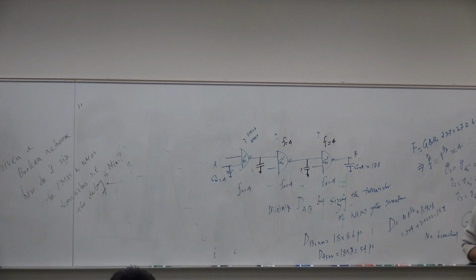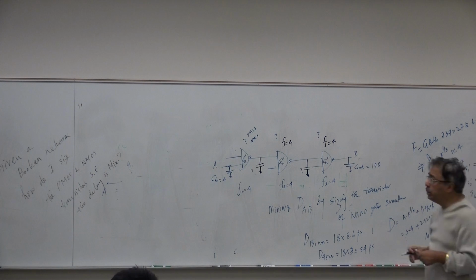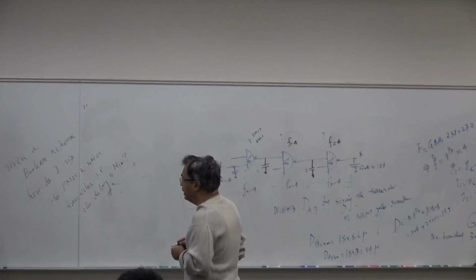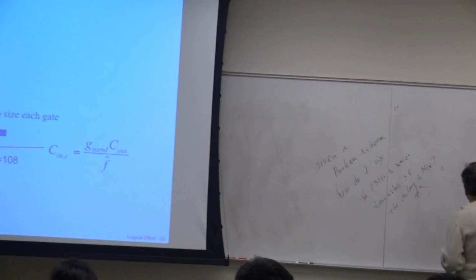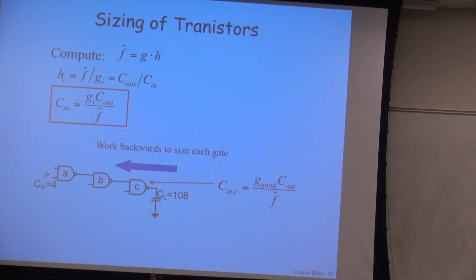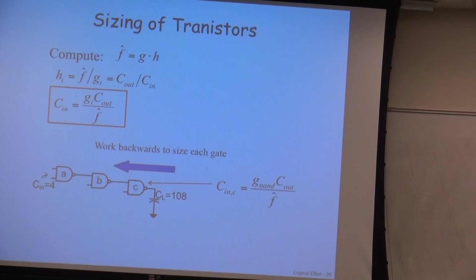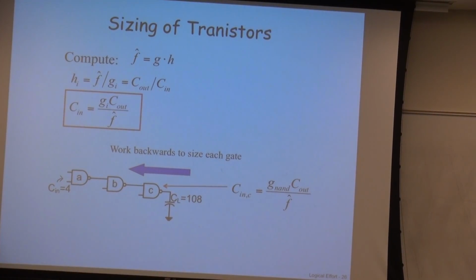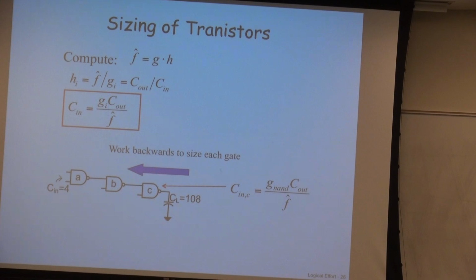How do we do that? So we use this simple formula. We had C out by C in is equal to H in our original formula, that is this to this.